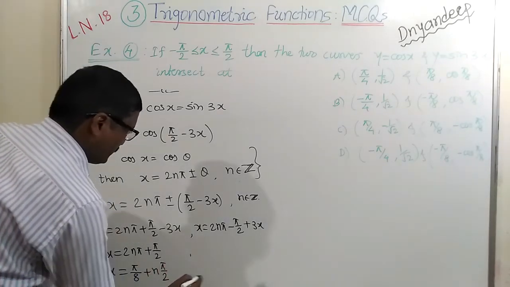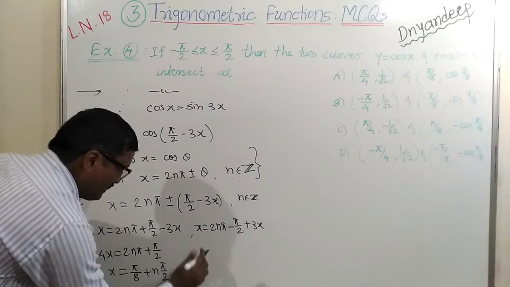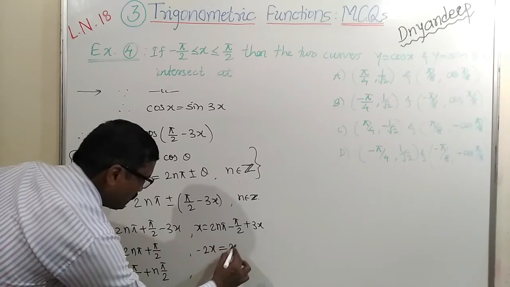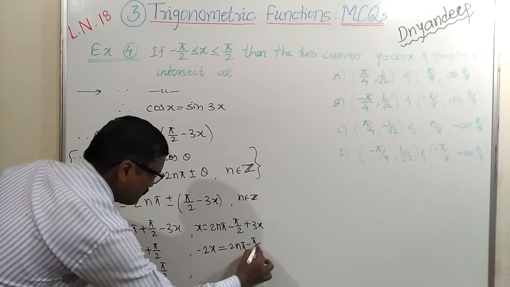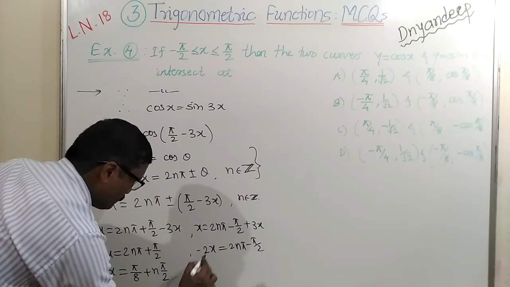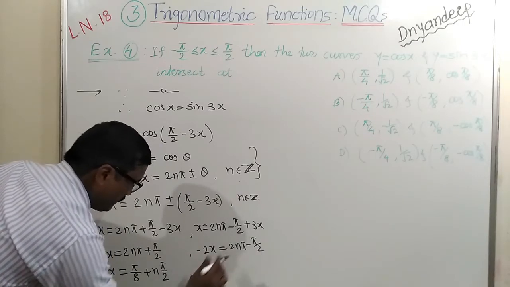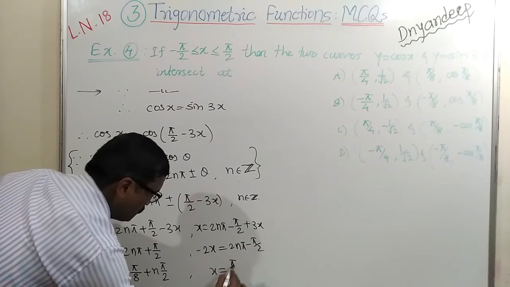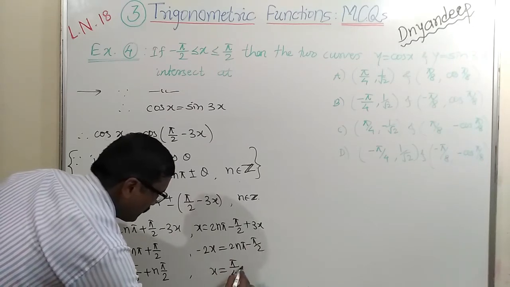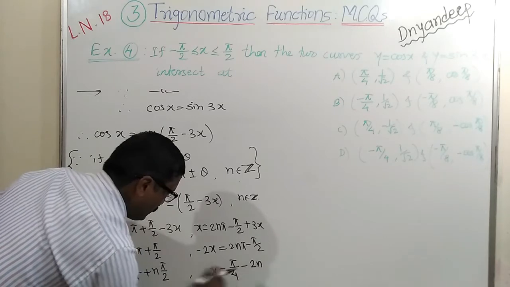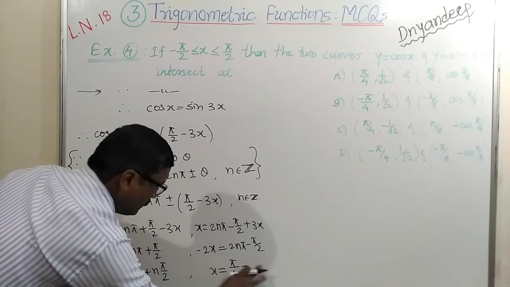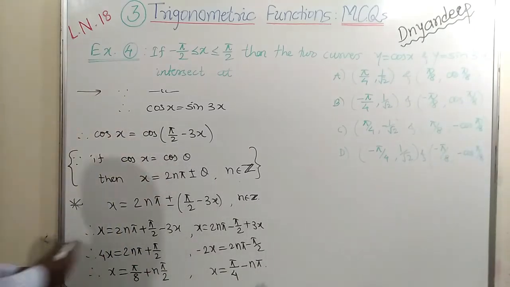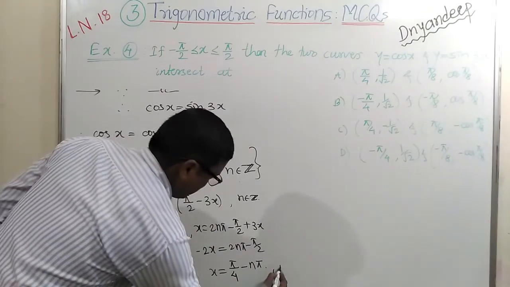And in this second equation, taking this 3x, we get minus 2x equal to 2n pi minus pi by 2. Cancelling 2 and applying negative sign, we get x is equal to pi by 4 minus, 2 gets cancelled here, only n pi, where n is an integer.